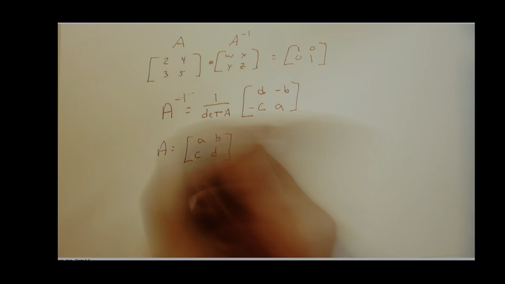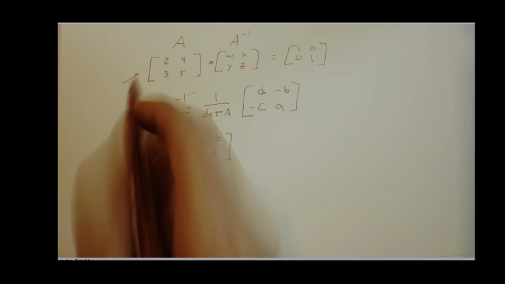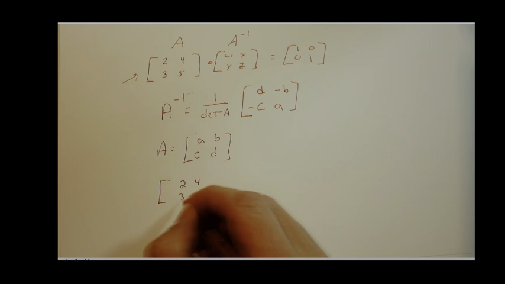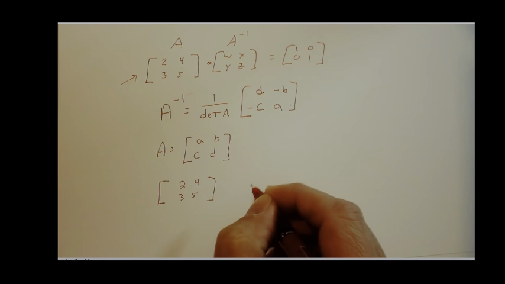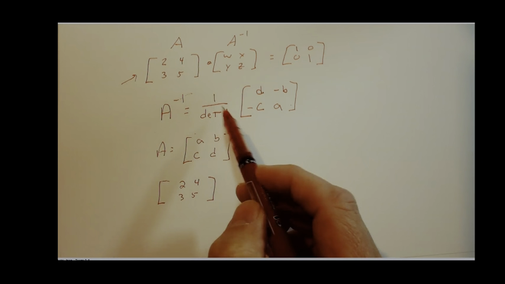Okay. So let's go to our original problem that we had up here. We're going to find the inverse for 2, 4, 3, and 5. The first thing we need to do is find the determinant, because our inverse is 1 over the determinant.